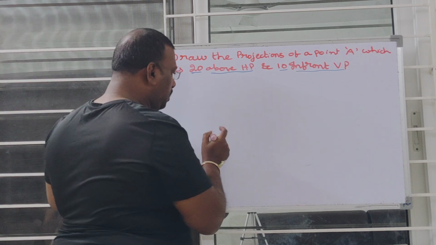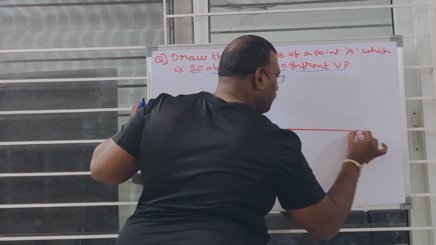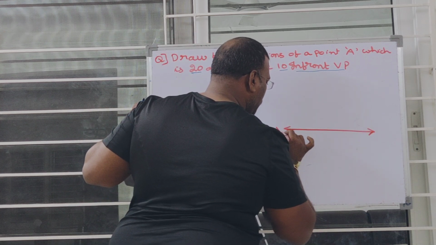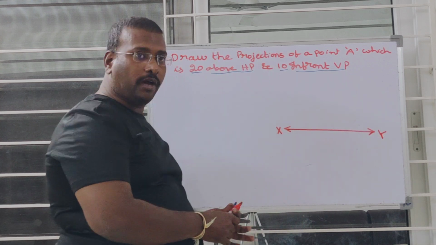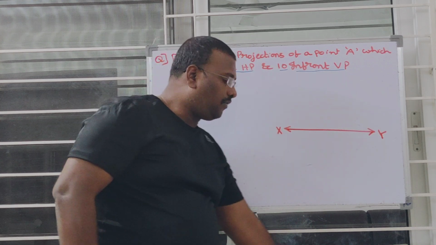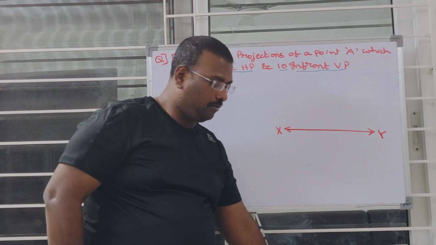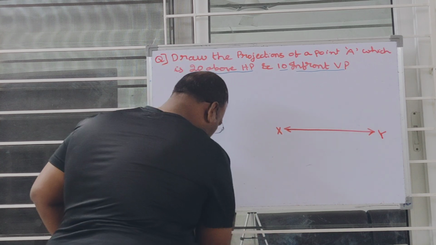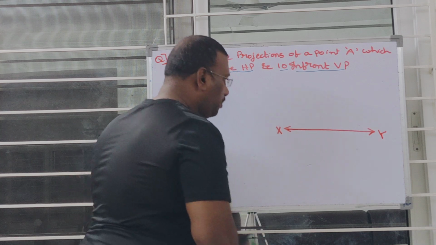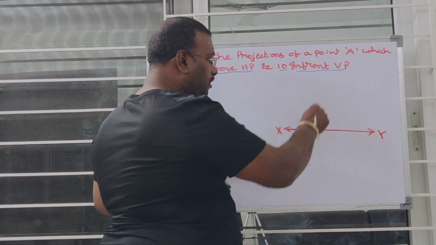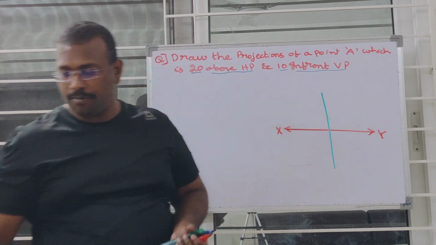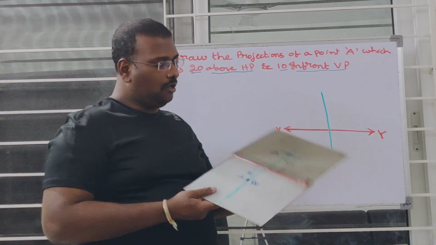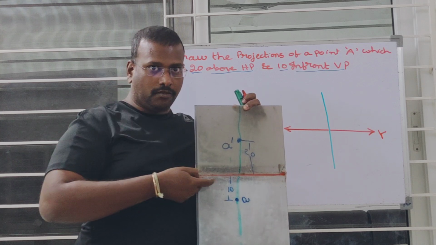So once you draw the XY line, what do we have to consider? First of all, we have to draw the projector. This is the projector. Then what do I have to do? In the previous diagram itself I showed. So here, this is the XY line.